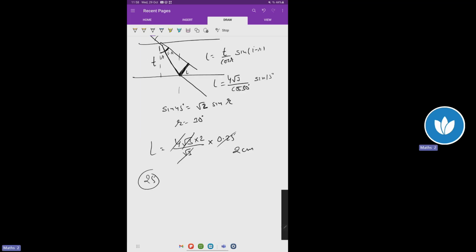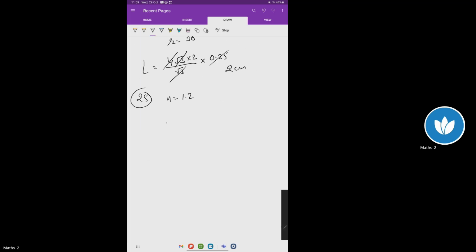25. A container contains a liquid with refractive index of 1.2 up to a height 60 centimeter, and another liquid having refractive index 1.6 is added to a height h above the first liquid. We have a container.